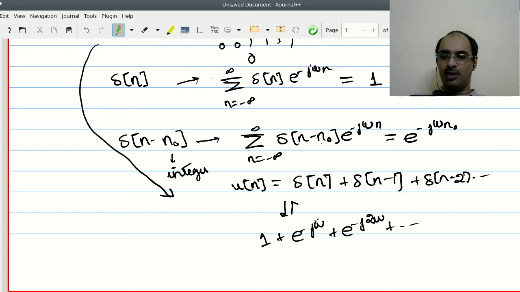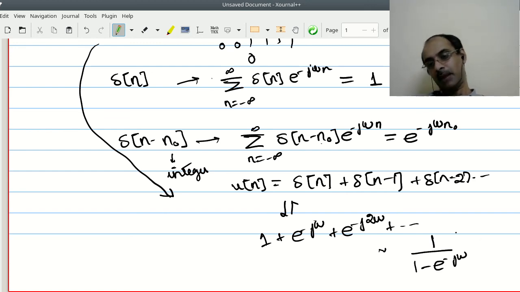Okay. Now you can see that this looks like a geometric progression, and it is very tempting to write this as 1 by 1 minus e power minus j omega. But there is a problem here.